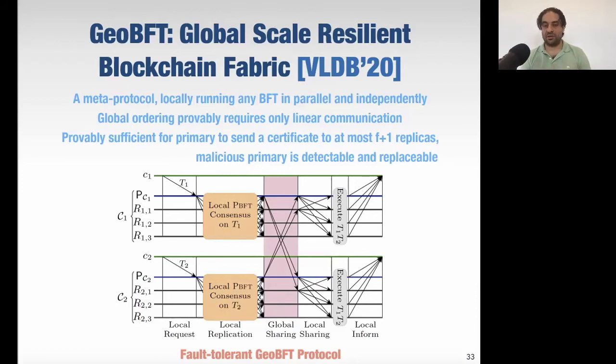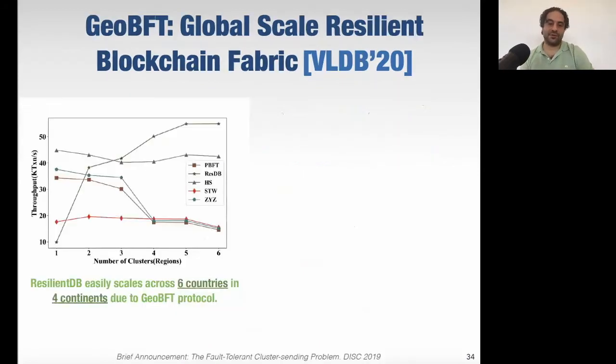The work is already published in the proceedings, but the actual conference presentation is going to be later this year. Again, we always look at not just the theoretical, but also practice and implementation. In ResilientDB, we see that we can scale to 6 countries, 4 continents, and we can still achieve nearly 60,000 transactions per second.